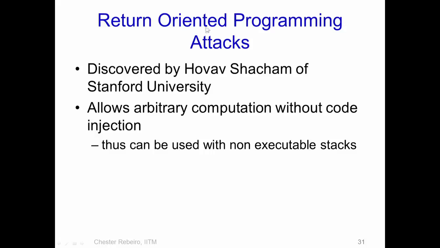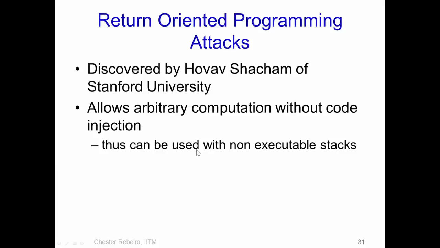The return oriented programming, or for short the ROP attack, was discovered by Shacham at Stanford University, and it allows any arbitrary computation or any arbitrary code to be injected into the program in spite of having a non-executable stack.